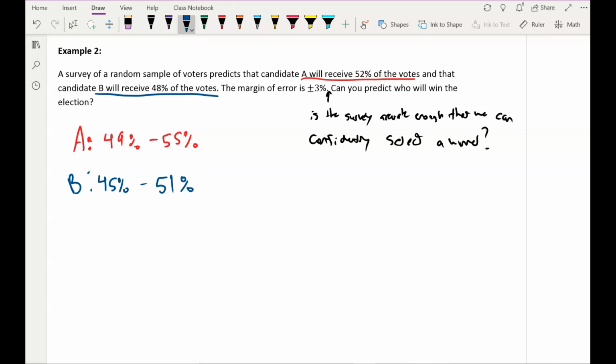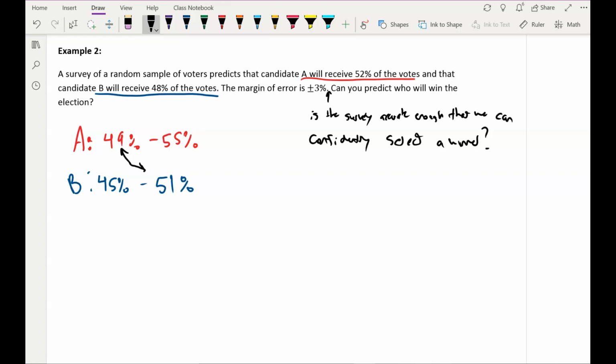So it seems like you should be able to say, well, A, no matter what, is going to have a higher percentage of voters, so we should be able to assume that. But if we look at the extreme cases, there's going to be overlap. A can go all the way down to 49%, and B can go all the way up to 51%. Okay?